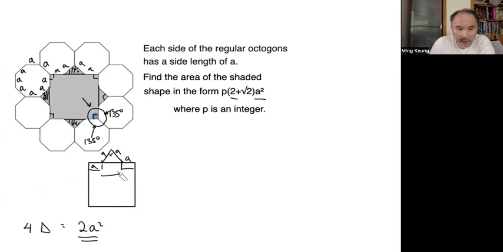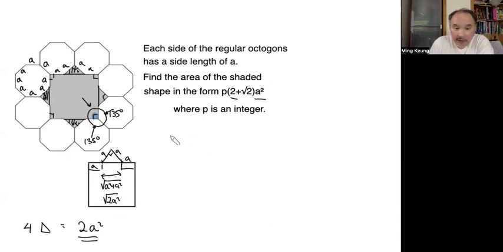In order to work out this part, I can now actually use Pythagoras. And Pythagoras would say, well, this length squared is equal to this squared plus this squared, which means that the length of that is the square root of A squared plus A squared, which equals square root of 2A squared.